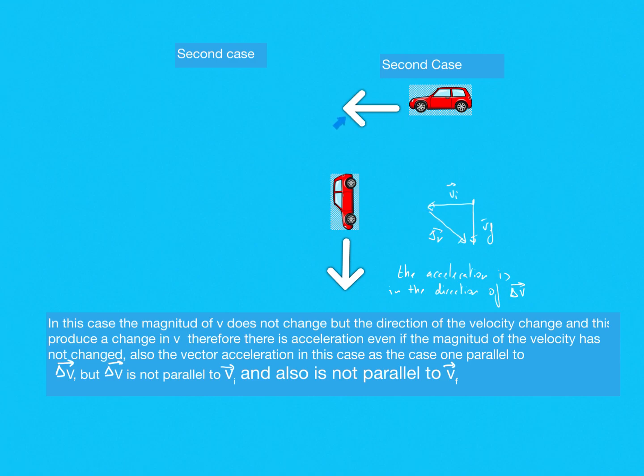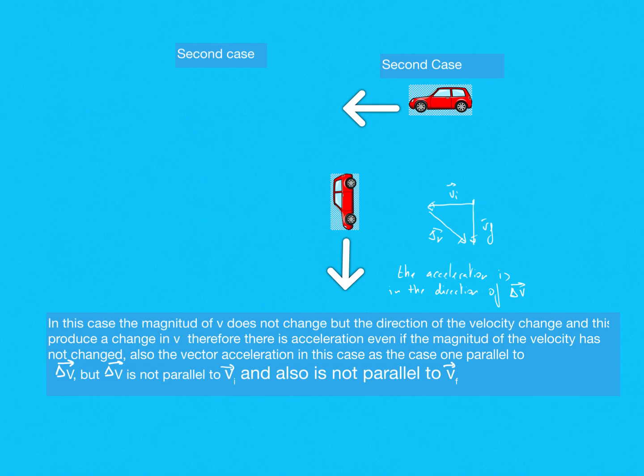So if the object goes like this, and later on goes like this, there is a change in velocity. In this case, there is acceleration also. And the acceleration is going in this direction, in the direction where the change in velocity exists. This is the acceleration. And in this case, the acceleration is not parallel to v sub f, and is not parallel to v sub i, it is in another different direction.